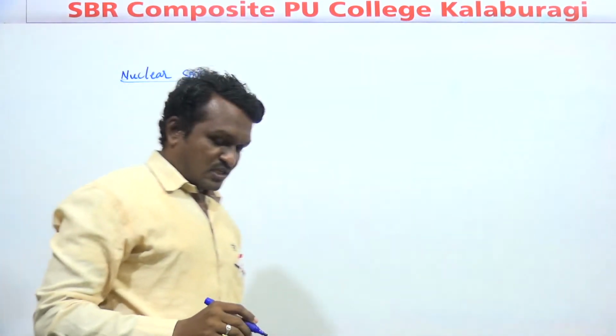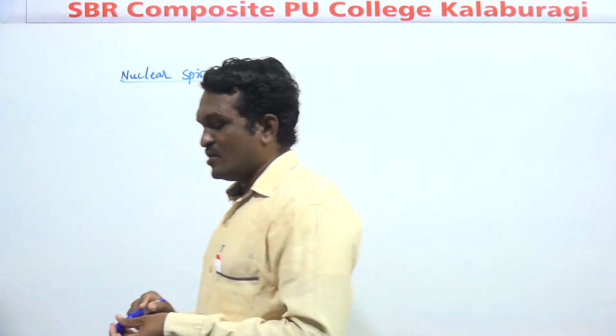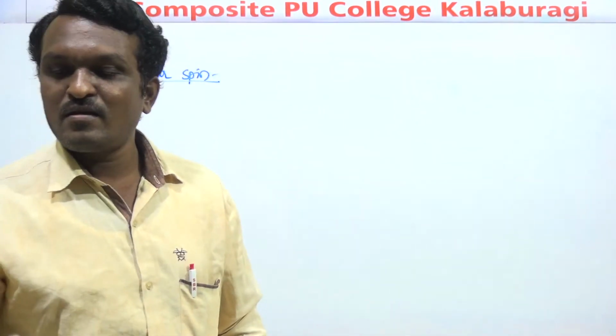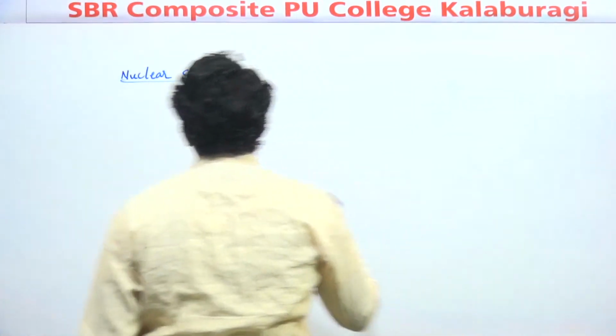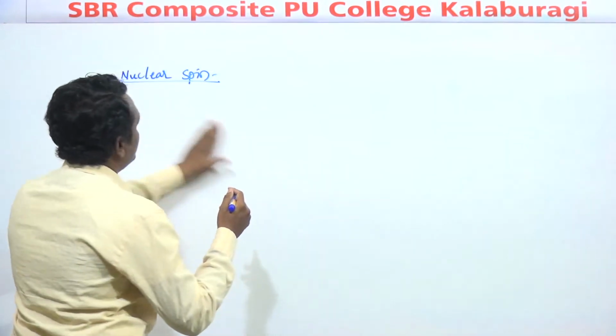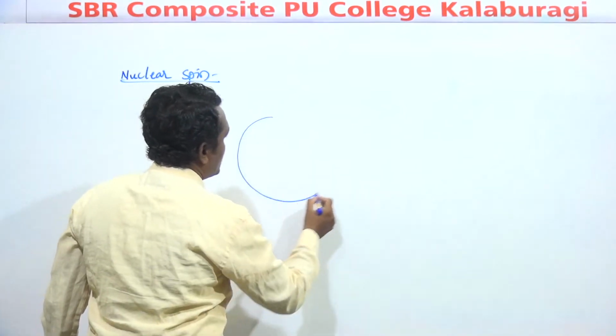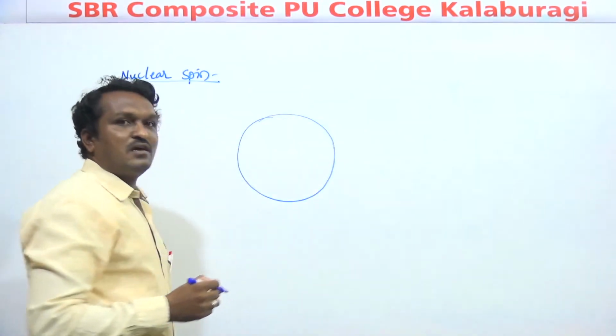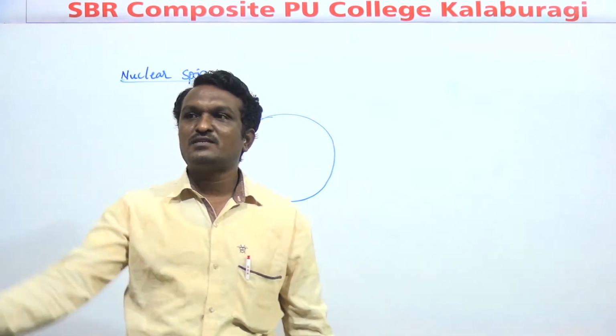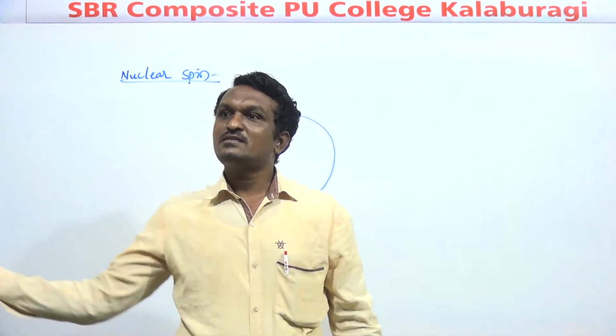The spin of the nucleus is because of the spin of the nucleons inside the nucleus. You know nucleons are nothing but the protons and neutrons together. Imagine this is a nucleus.